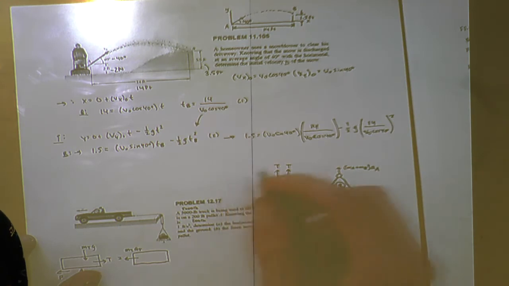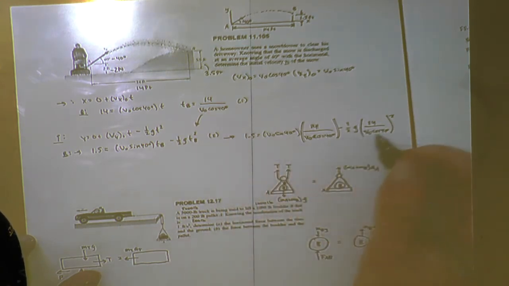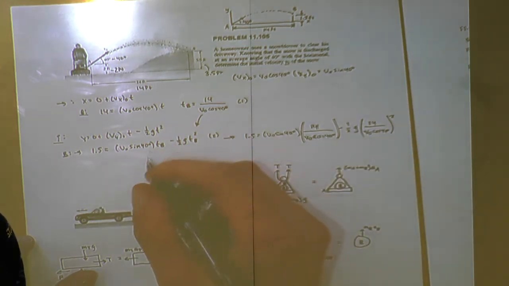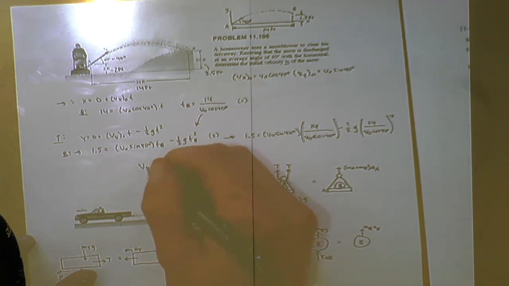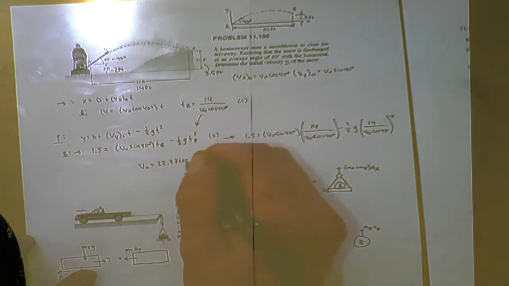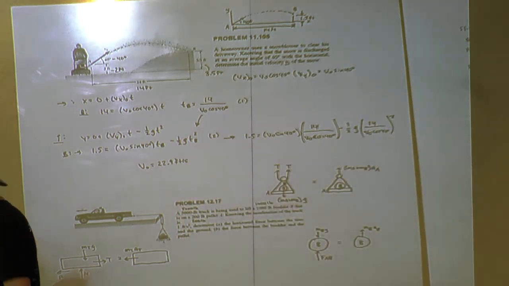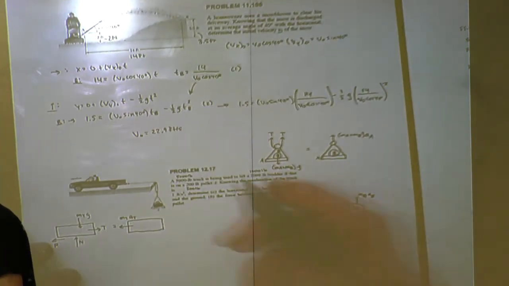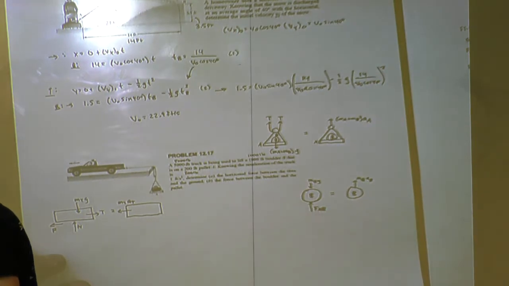Honestly, I'm not going to bother plugging it in because we're going to focus on the later stuff. So you just get VO is equal to 22.9 feet per second. And the solution will show all the numbers plugged in, so you guys can see that there.